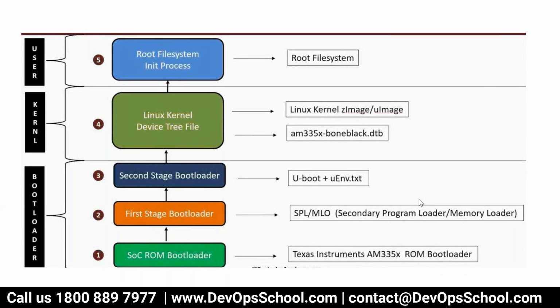Then after that you have the kernel, on the left side of the image, and after that you have the user. So what is happening? Mind it, the bootloader is also a program, the kernel is also a program, and the user application is also a program.